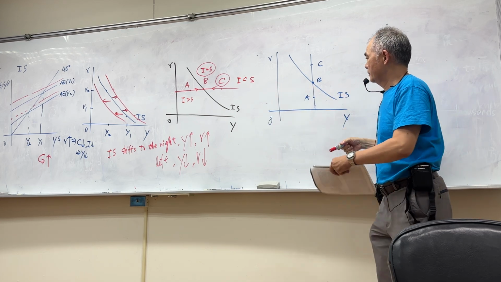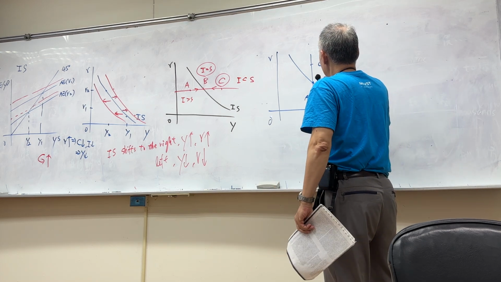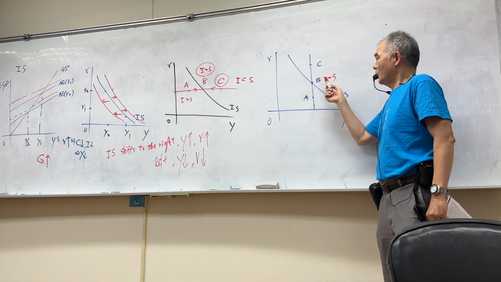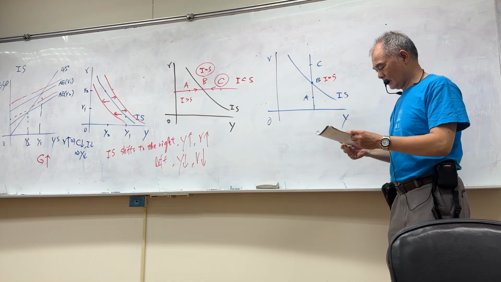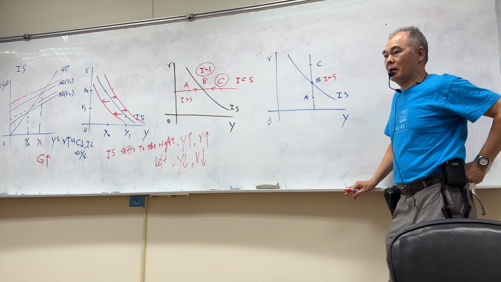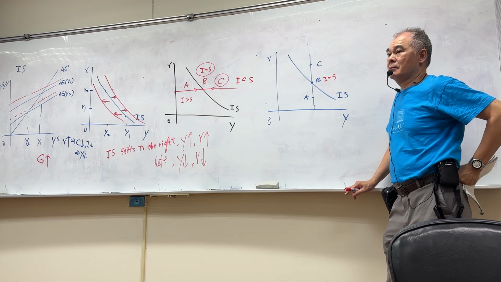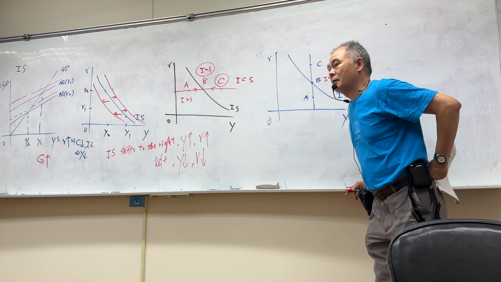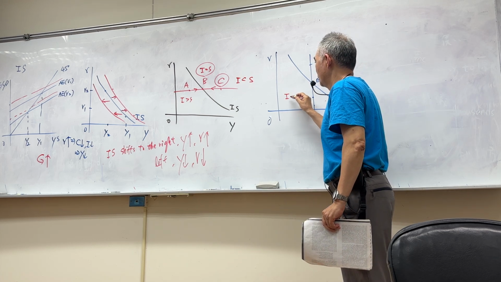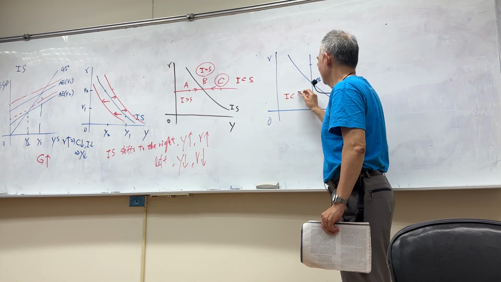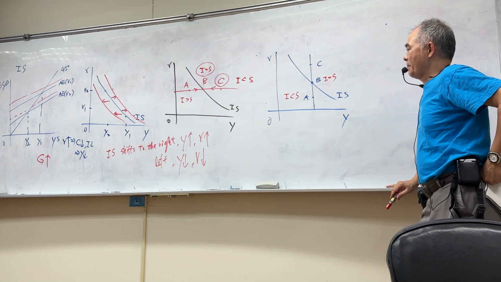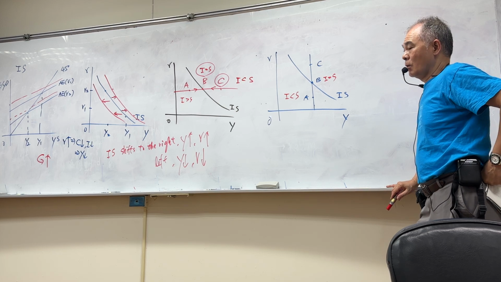Now we want to know the relationship between I and S. At point B, because it is on the IS curve, I is equal to S. What about A? What is the relationship of I and S? I smaller than saving? Are you sure? Why?